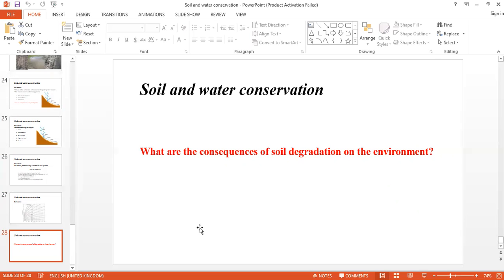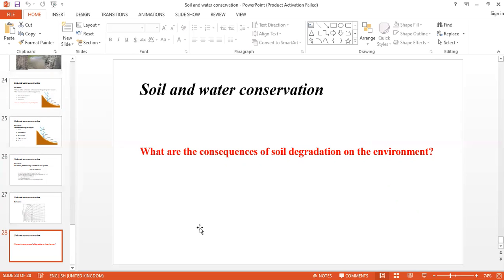Then erosion itself, because it's taking away soil from your field, means that you can't plant because your soil has been eroded. You lose your organic matter. You lose your nutrients. And if the soil is lost, it can't perform the function of storing carbon. It can't perform the function of having microorganisms in the soil.